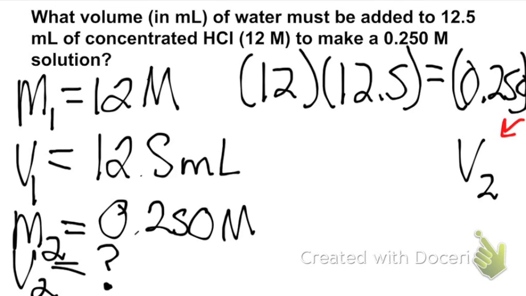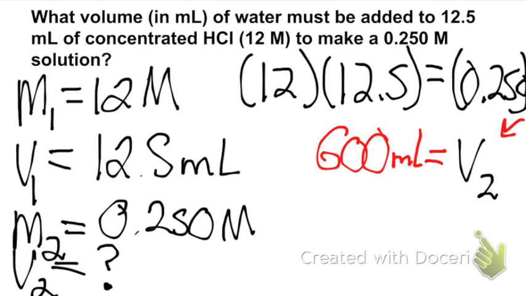All right, and so just like all the other ones, multiply 12 times 12.5, divide that by 0.25, and that'll give us what the volume should be. The final volume should be 600 milliliters.